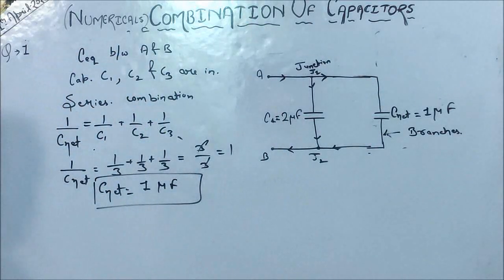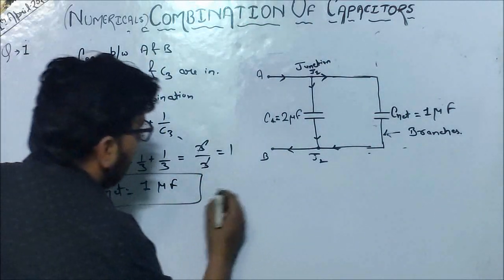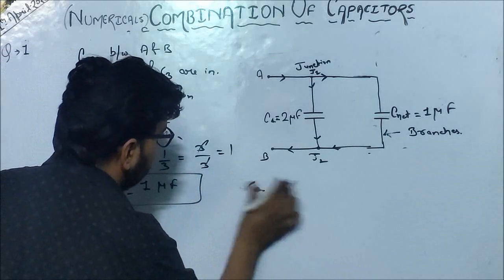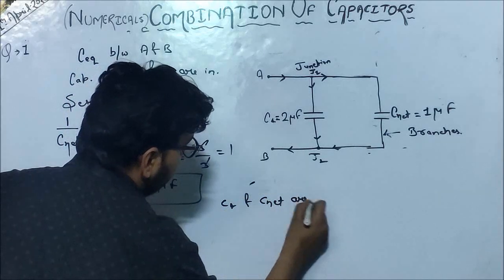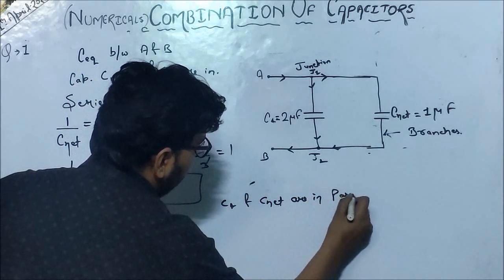If they are in parallel combination, that means C4 and C net are in parallel combination.